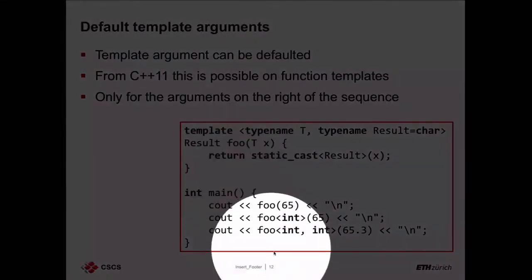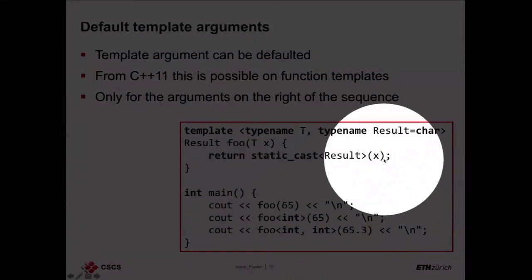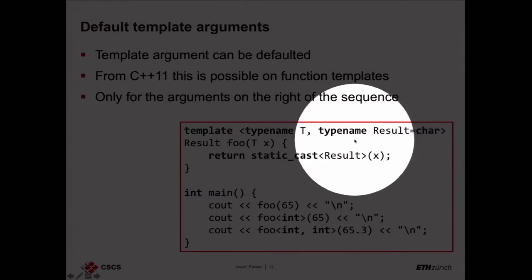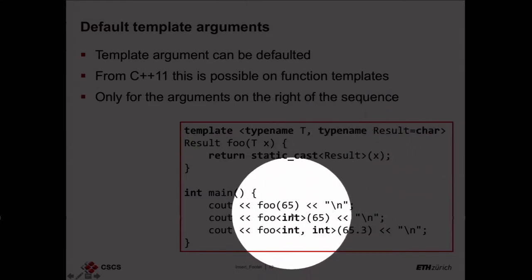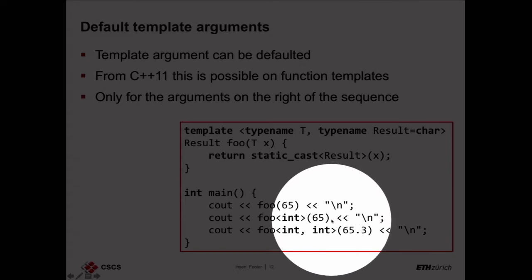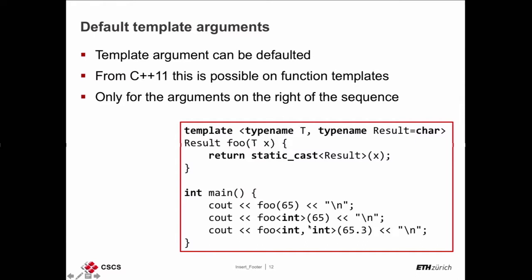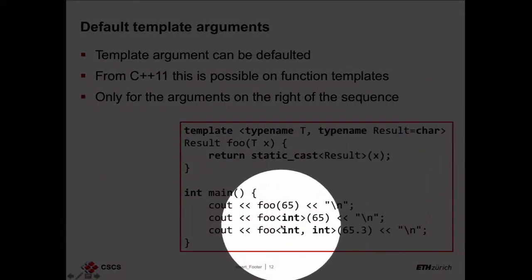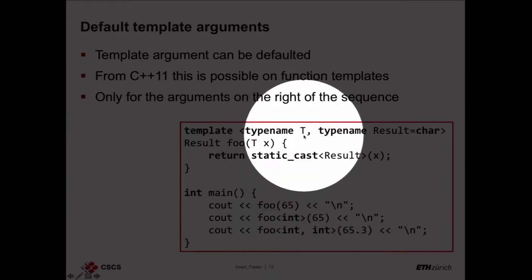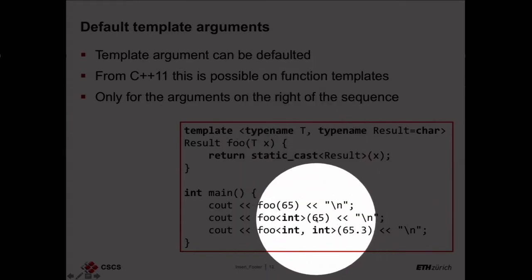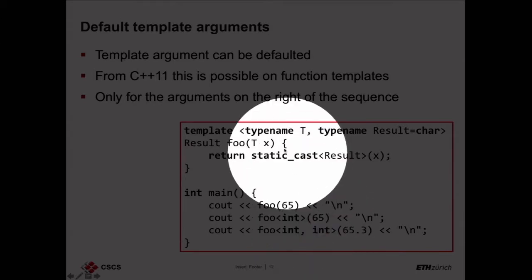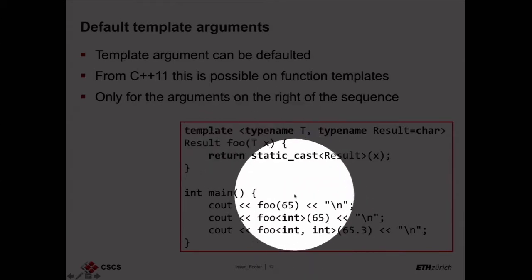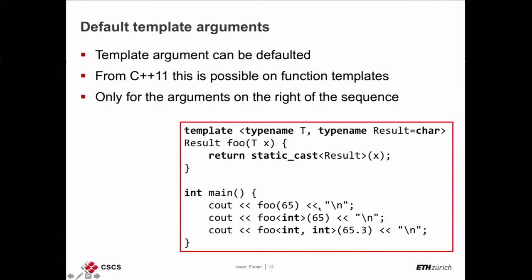But then if I do foo<int>(65), this is again returning A because it's the second argument. So here int will be the first argument, and 65 will be deduced. I'm confused.